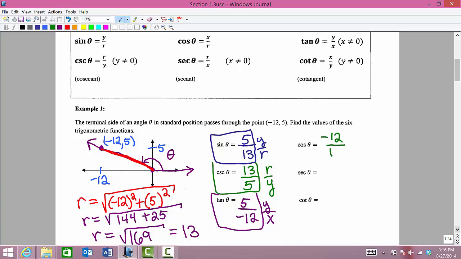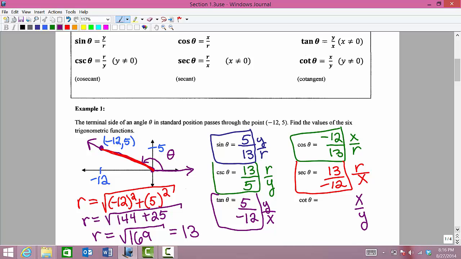Our r is 13. Secant of theta, secant is the reciprocal for cosine. So our reciprocal would be 13 divided by -12. So it's the reciprocal. And cotangent is the reciprocal of tangent. It's defined as x divided by y. Our x value is -12, and our y value is 5.